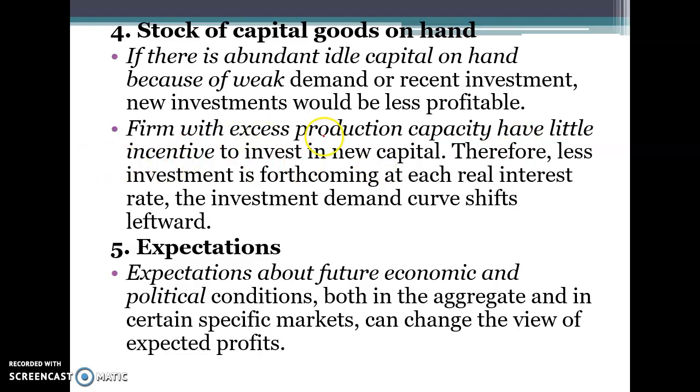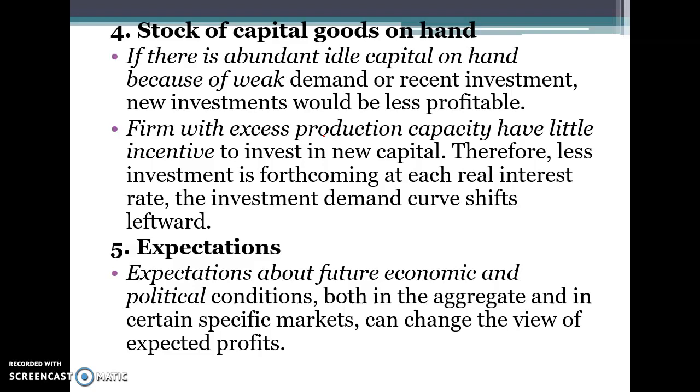Excess production capacity means the gap from your full potential capacity. For example, if a unit has the potential capacity of producing 50 fans per day, and it is producing 30 fans per day, its actual production is less than its potential production. So the owner of the firm is not going to invest in another plant, or install another investment project.